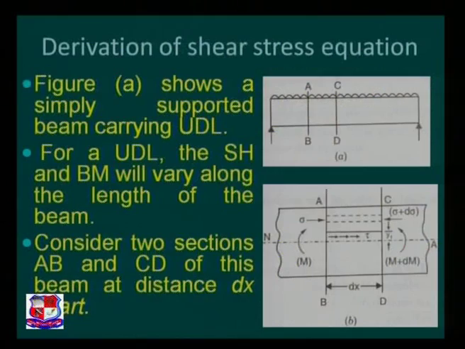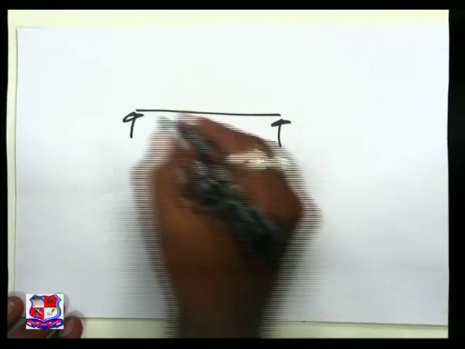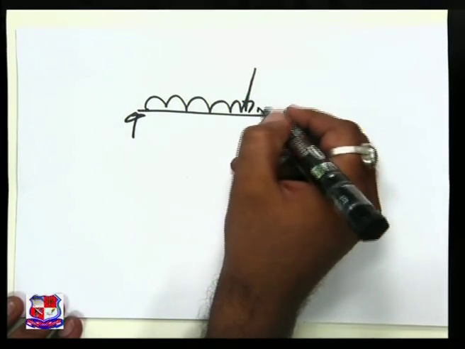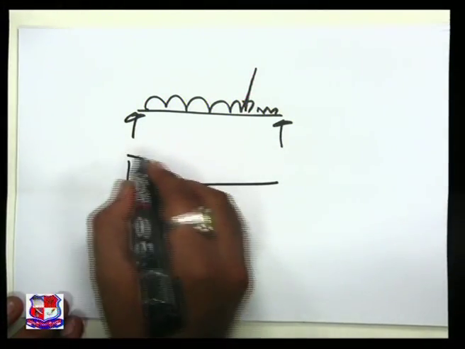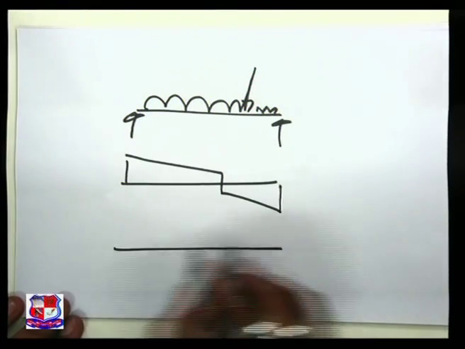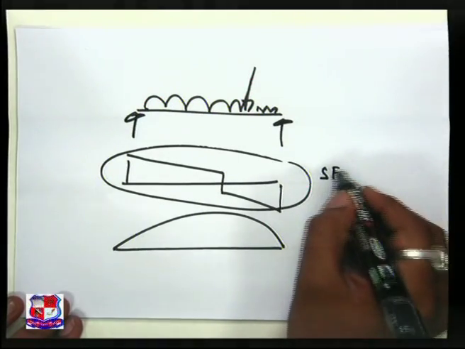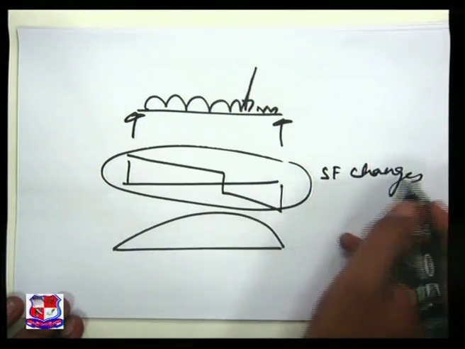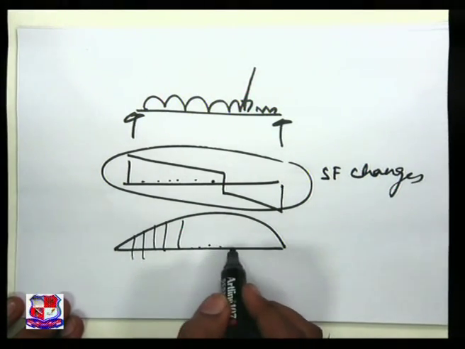Now let us come to this particular tabletop to understand what we mean by shear stress. Say a beam is there with any kind of loading. When we plot the SFD and BMD, it will be visualized that shear force changes from section to section, and bending moment changes from section to section.